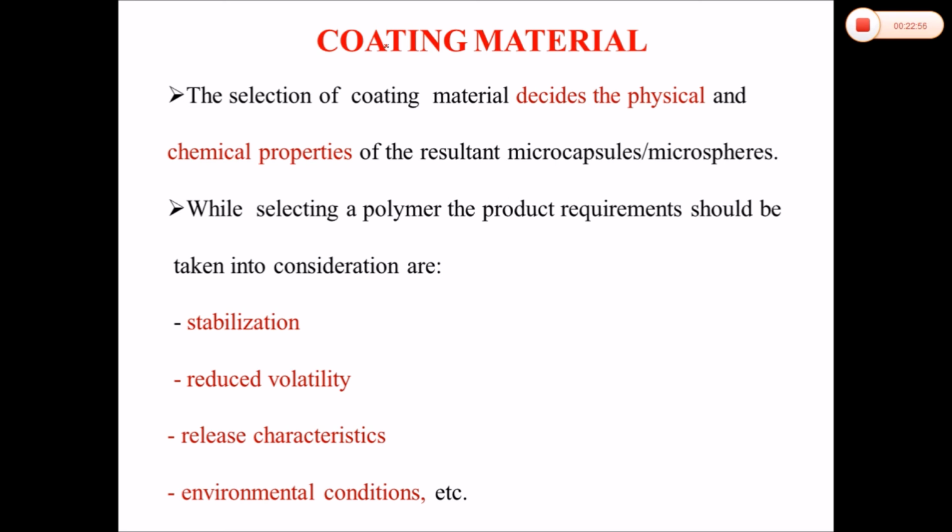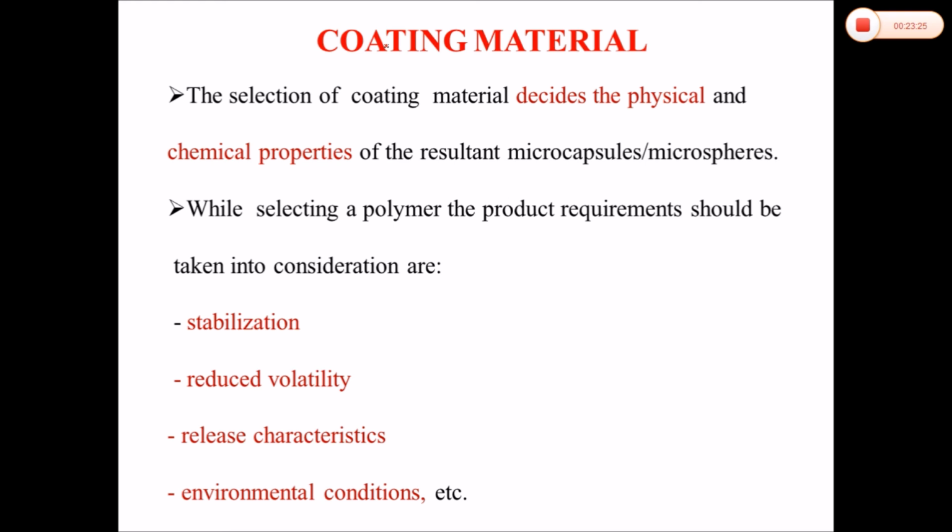So the selection of these coating materials decides the physical and chemical properties of the microcapsules, and thus the selection must be carefully done. Basically, the coating material should be capable of forming a film that is cohesive with the core material.